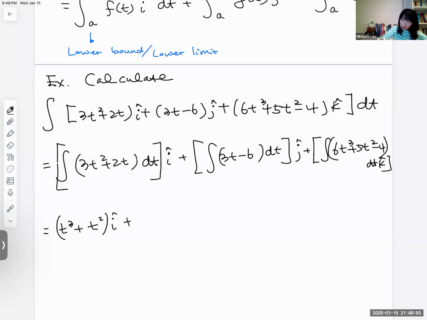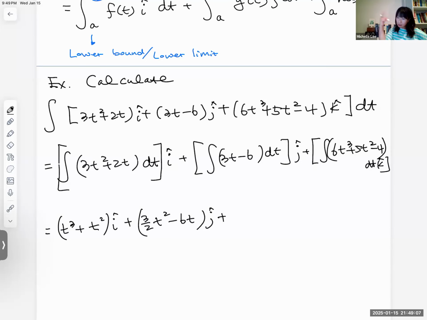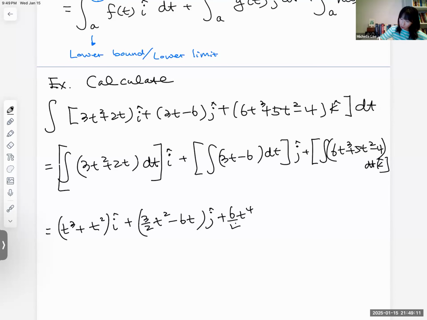Then 3 over 2 t squared minus 6t, j. Then t to the fourth power, 6 over 4, plus t to the third power, 5 over 3, minus 4t, and then k.